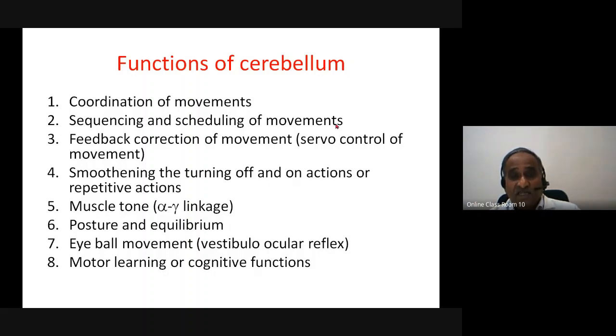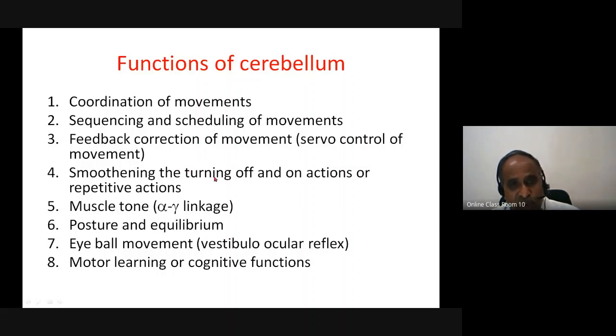In that case, immediate correction is needed, otherwise you may either overlift it or underlift it. So these feedback corrections are servo control corrections or servo control movements. Depending upon how much less or more has to be corrected, that feedback correction is performed by the cerebellum.